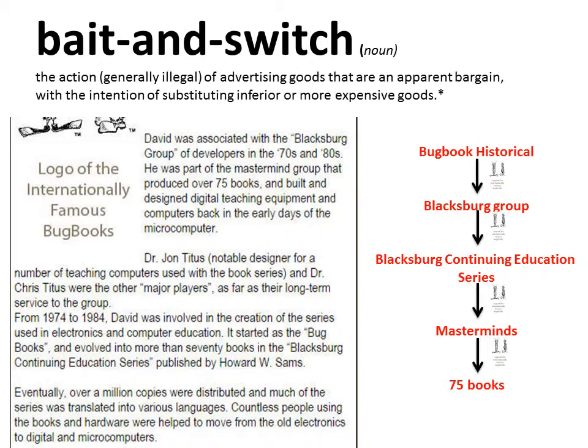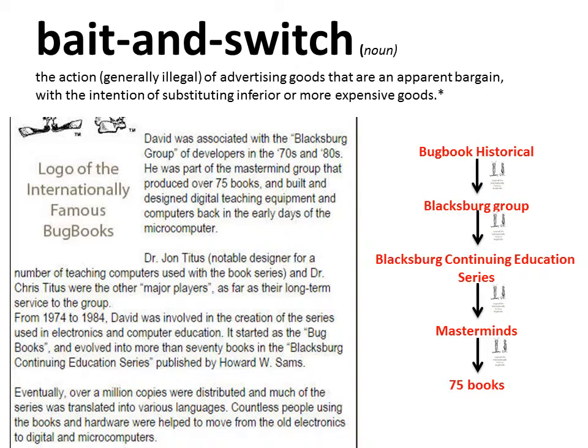If we look at the right, the top line is Bugbook Historical. So he is starting from that point, which is true. There is a Bugbook and there is history associated with it. Well, that's the bait, and here's the switch.